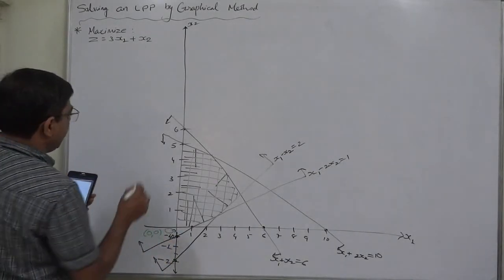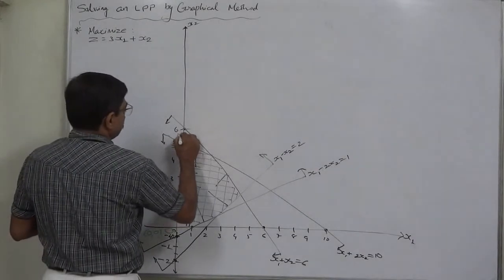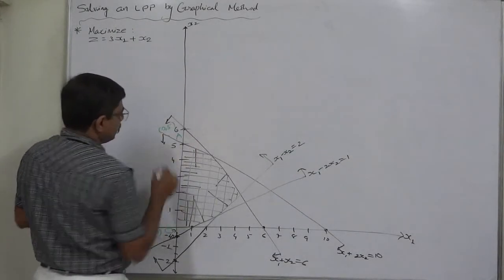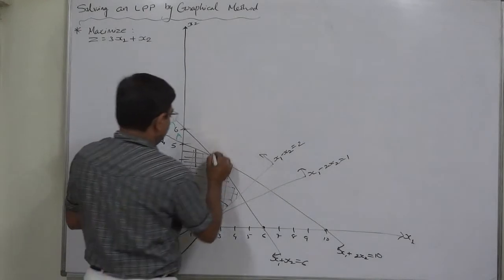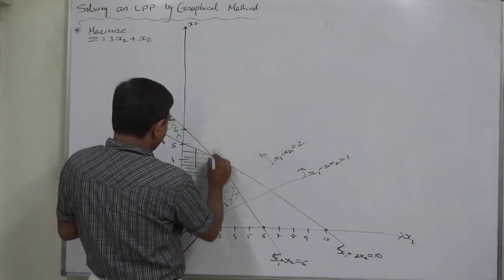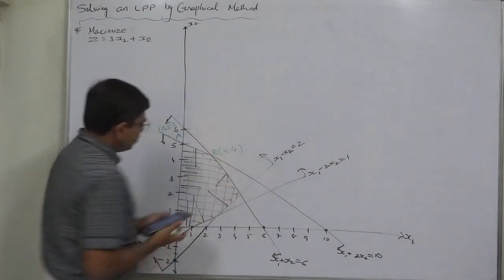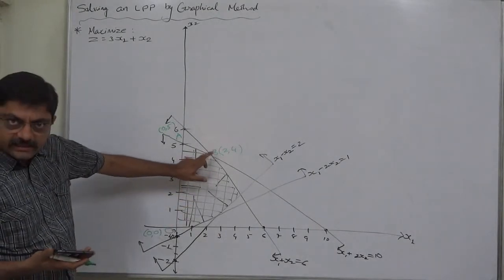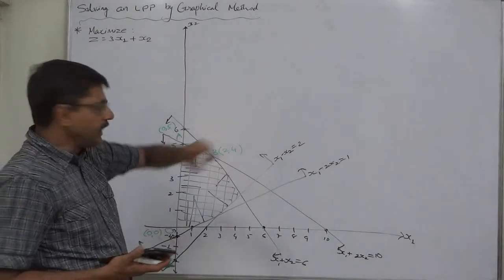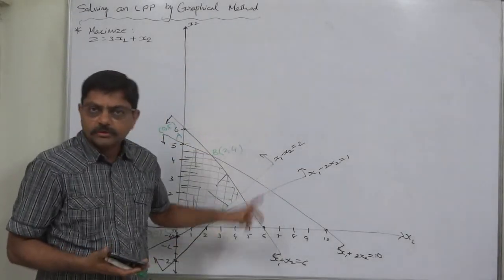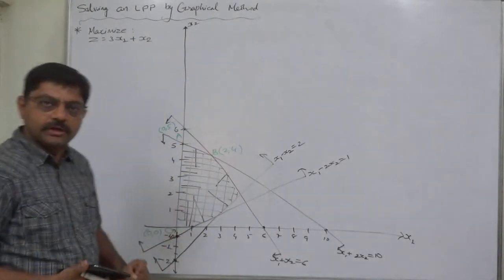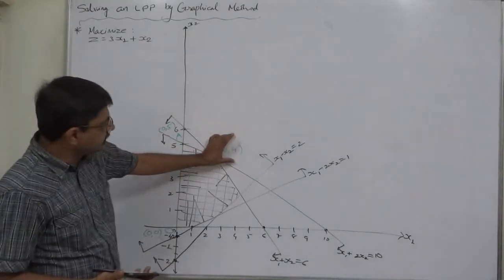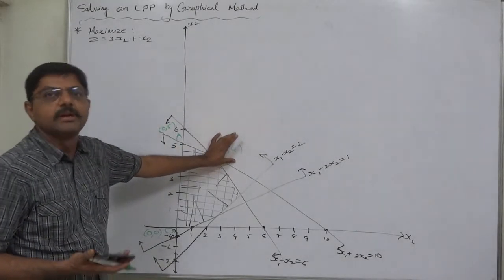Second is A, 0, 5. Another is B, 2, 4. This is just a sketch, so you cannot see the accurate coordinates at these points, but when you are drawing everything on graph paper with utmost accuracy, you will have the exact values of each and every corner point.